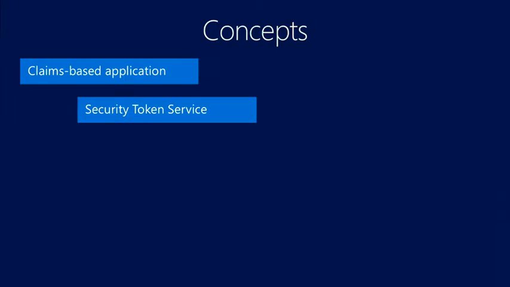Within Azure Active Directory, we actually have two security token services. We have the core STS, which has been around for a while, and that's the one that does the authentication. And we have what we call the applicative STS, which is the one that issues all the claims. In terms of the STSs that you can hook up to Azure Active Directory, there's only a few that are certified at the moment.